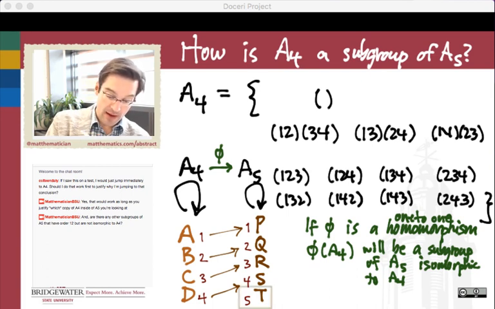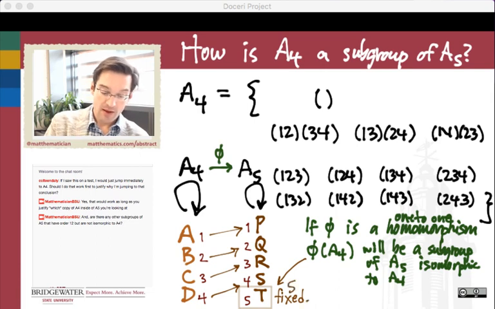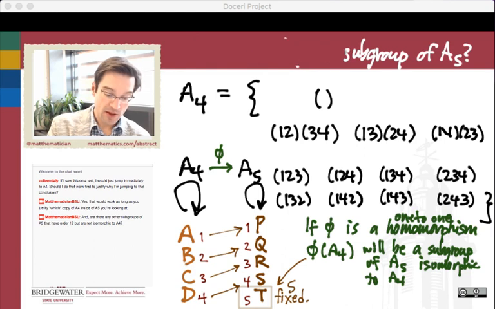And so elements in the image of A4 would have to leave position 5 fixed. And so what this would do is position A4 as a subgroup of A5, or rather A4 is isomorphic to a subgroup of A5 in the following way.